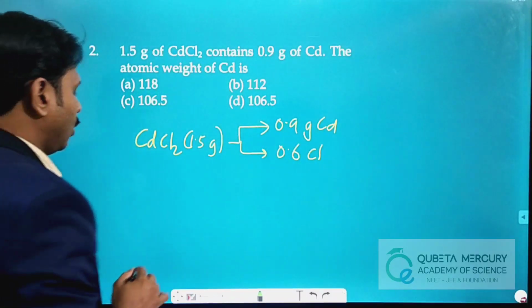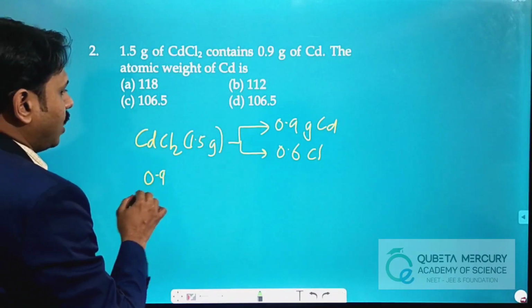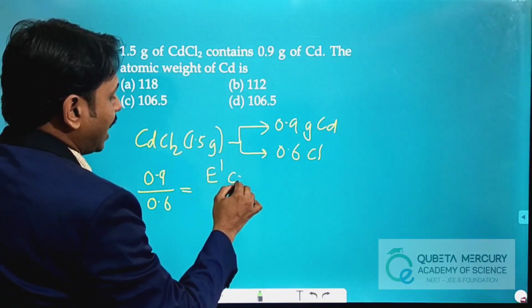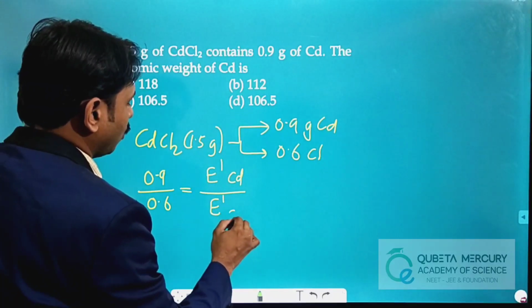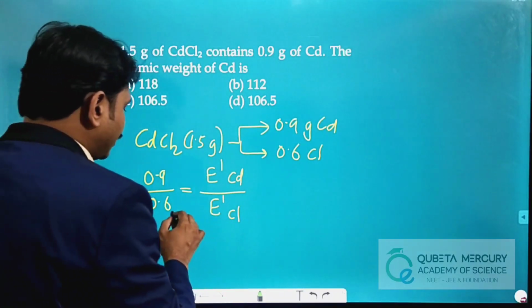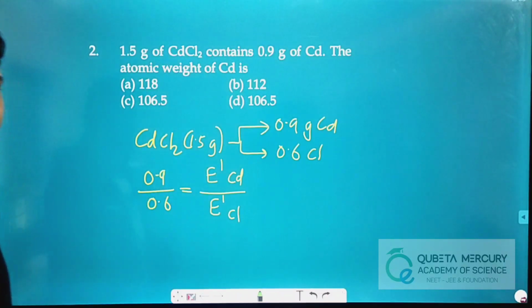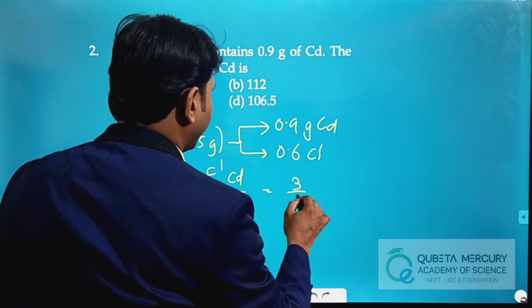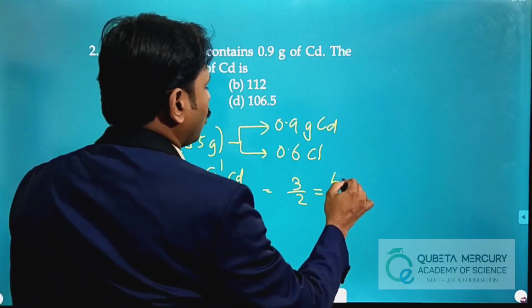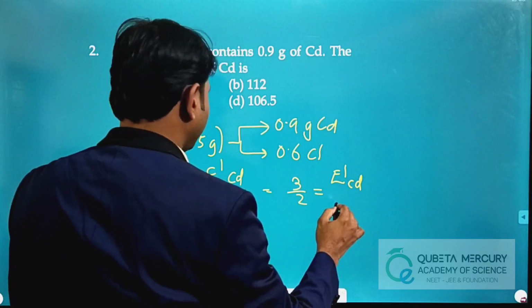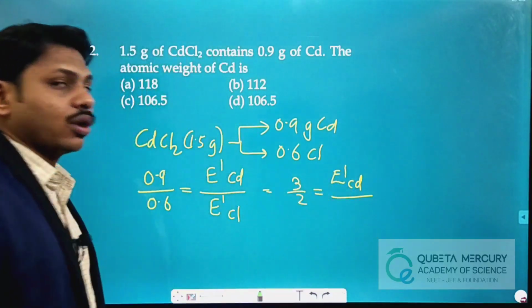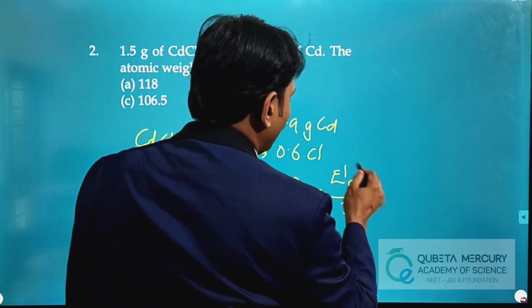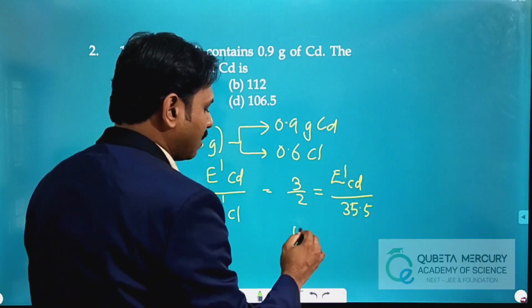Now, weight of cadmium divided by weight of chlorine is equal to equivalent weight of cadmium divided by equivalent weight of chlorine. We know that this is 9 by 6, that is 3 by 2, equals equivalent weight of cadmium divided by equivalent weight of chlorine, which is 35.5.